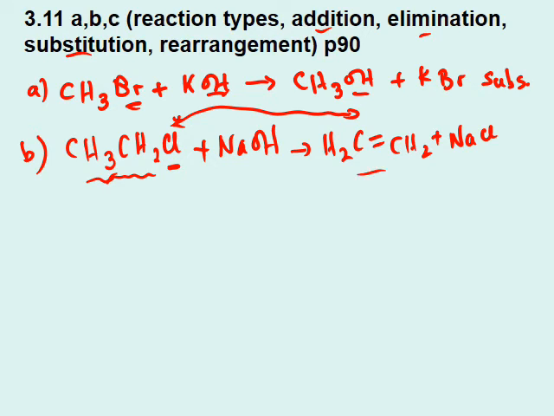But the product has a double bond, with the elimination of a hydrogen from this carbon and Cl coming from this carbon. And that's an elimination reaction. So two elements are eliminated in this case, resulting in a double bond or unsaturation. So elimination reaction normally results in a double bond or a triple bonded compound. So this is an example of elimination reaction.